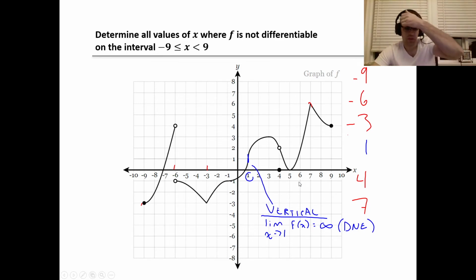Remember from our last unit that if we have a slope of infinity, or as a limit approaches infinity, that basically means the limit doesn't exist. Since the limit doesn't exist, that makes it not differentiable. So vertical lines are something we'll add to our list of things that aren't differentiable. Discontinuities, sharp points, and vertical lines. Those are the three things we're looking for.